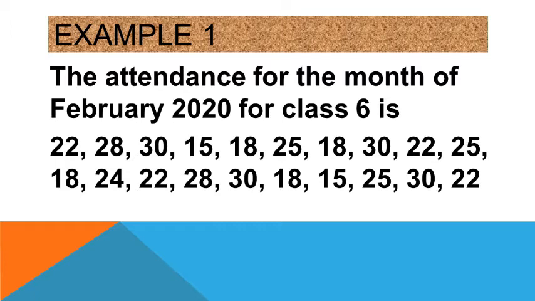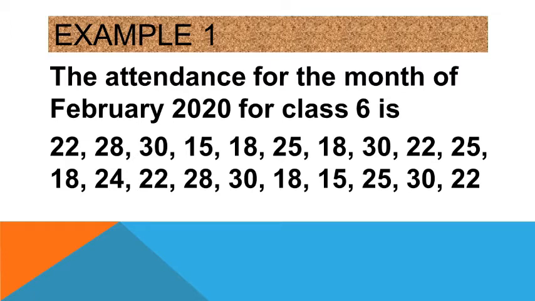This is the set of data. Hence we can say that this is an example of data. So these numbers contain information. Hence these numbers all together are giving us information about the attendance of students for the entire month of February. Now if I ask you on which date the attendance was maximum, what will you do?